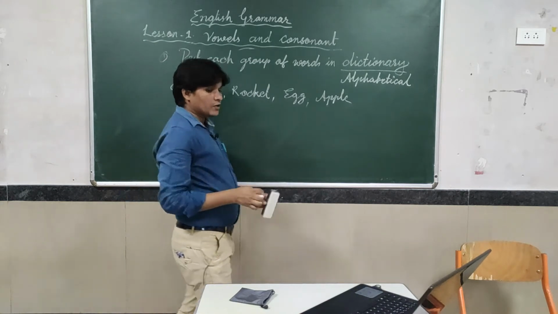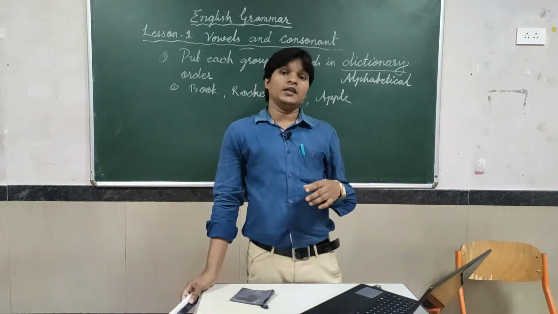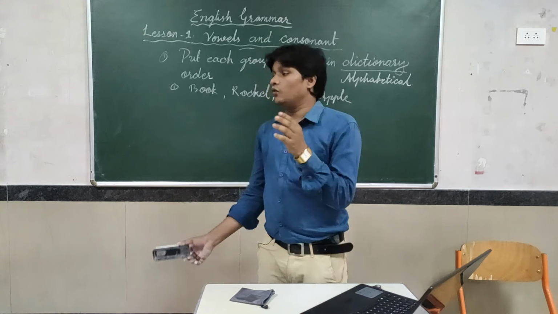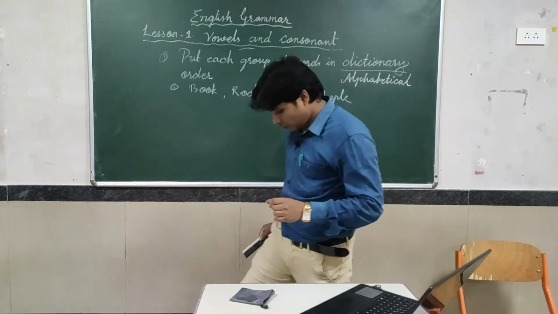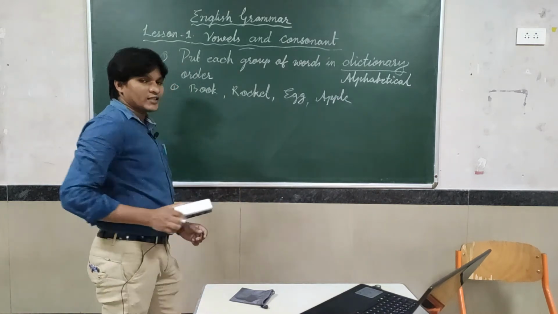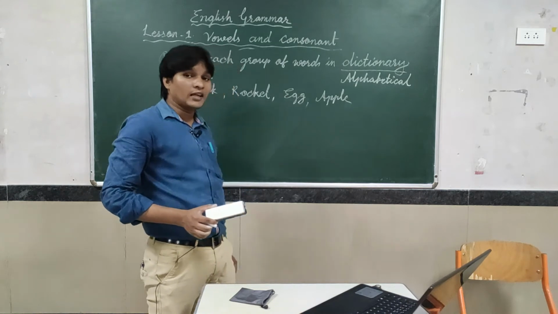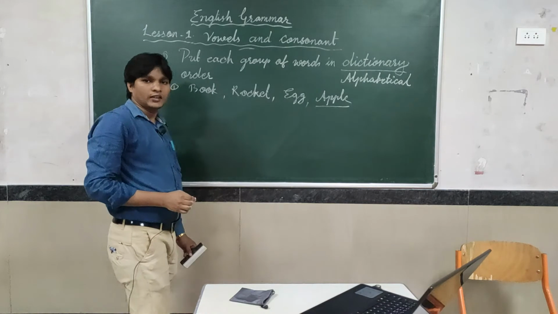Alphabetical order means first which letter will come? A. Second B. Third C. According to that, we also have to arrange the words. First A. Which one is the A letter? This is. Right?